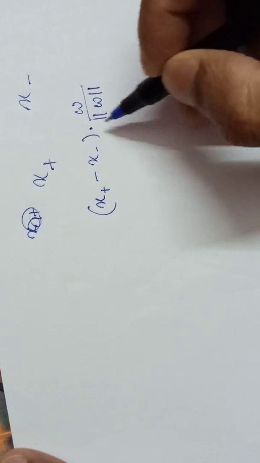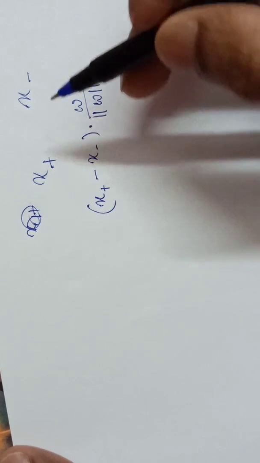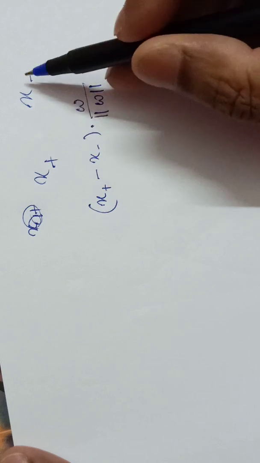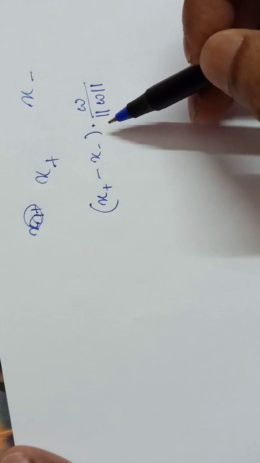This is the unit vector. W by norm w is the unit vector, and the difference between a positive data and a negative data will be the dot product of these two. Then we can get this one.